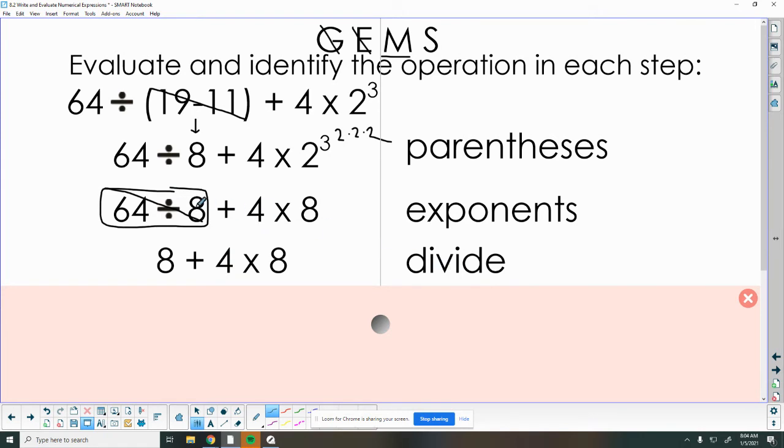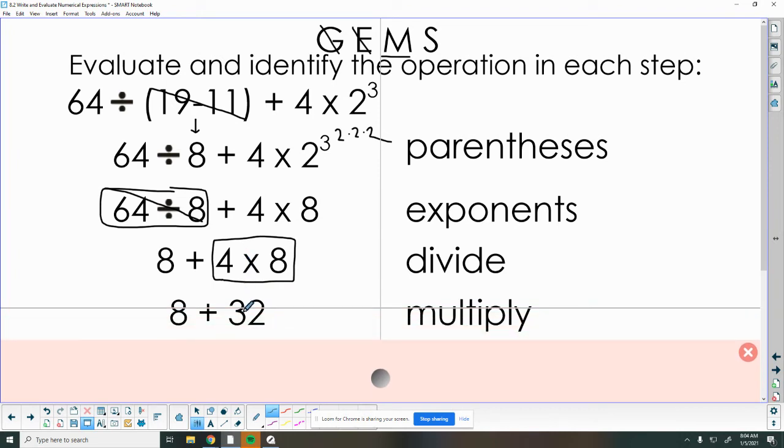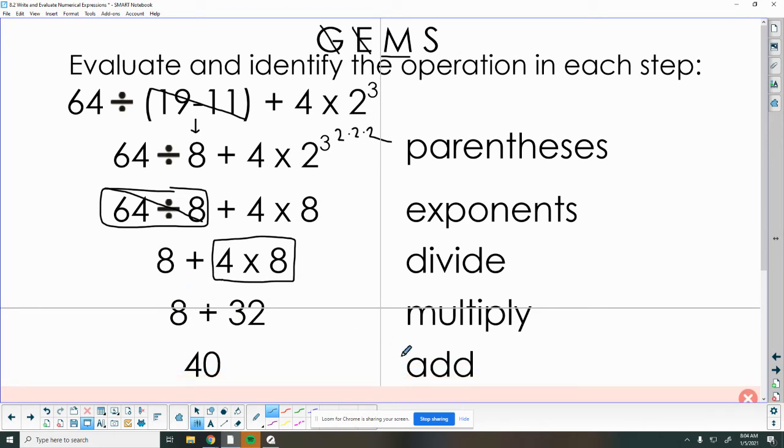And we had to divide. So we're still looking for any multiply and divide. Looks like we have another one here. So go ahead and do that next part of the problem and label what operation we did. So 4 times 8 is 32. We bring everything else down, and we had to multiply. And then finally, 8 plus 32 is 40, and we had to add.